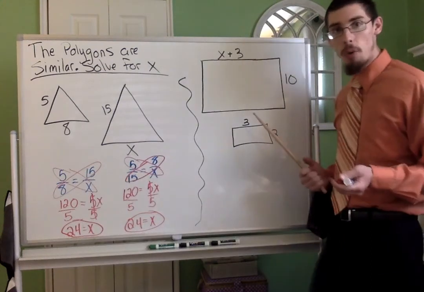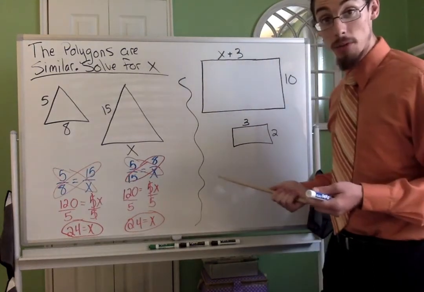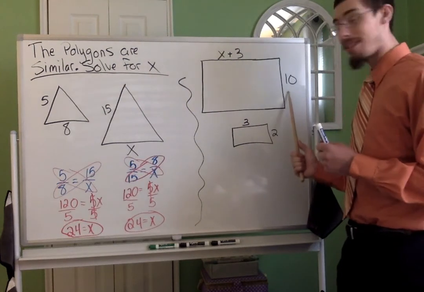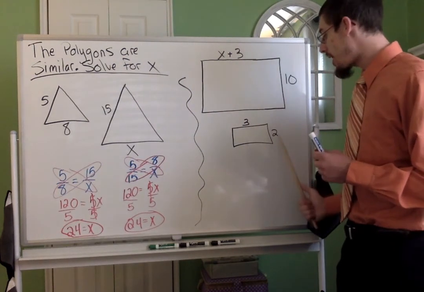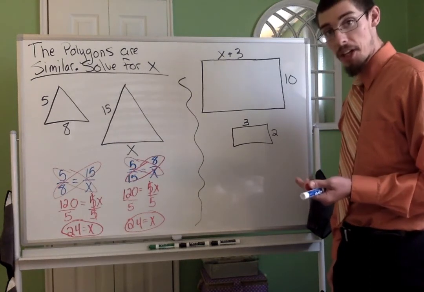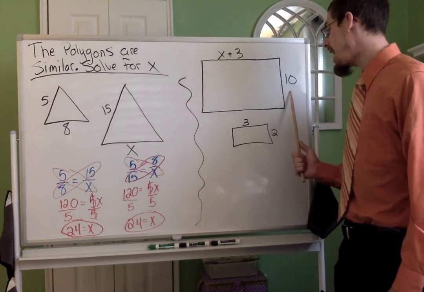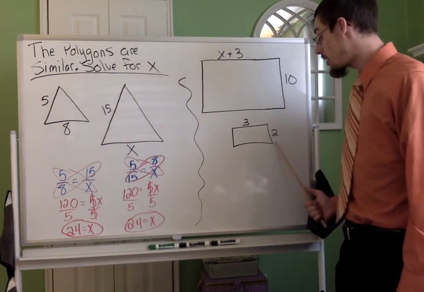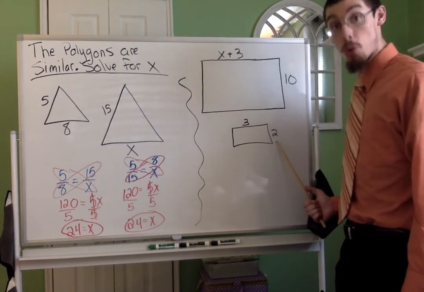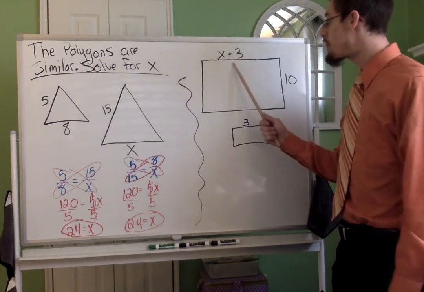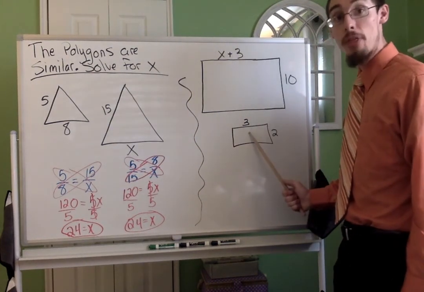And then the last one I want to go over with these rectangles. So I have x plus 3 and 10, and then I have 3 and 2. You can clearly see that the 10 is the shorter side of this rectangle, and the 2 is the shorter side of this one. So the 10 and the 2 match up, the x plus 3 and the 3 match up.